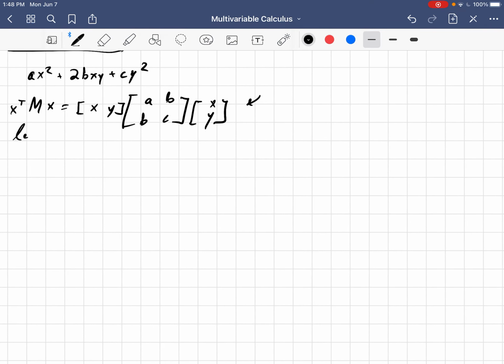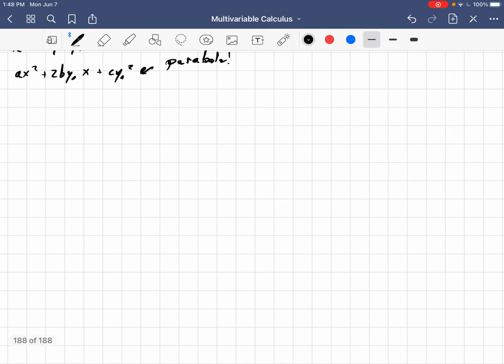So what I'm going to do is let y be equal to y naught. I'm going to get ax squared plus 2b y naught x plus c y naught squared. And now realize that y naught is a number here. x is still a variable. This is just the equation of a typical algebra 2 parabola.